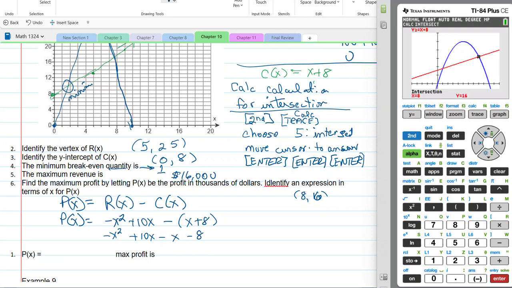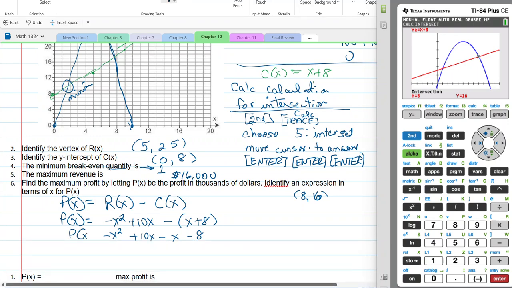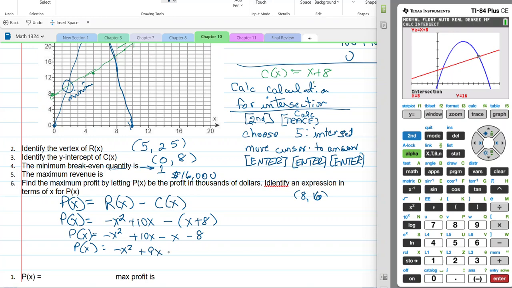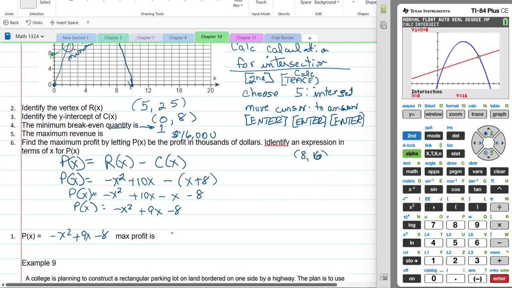Once we've done the distributive property, we get negative X squared plus 9X minus 8. And the max profit is $16,000.